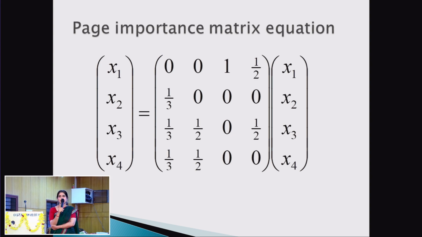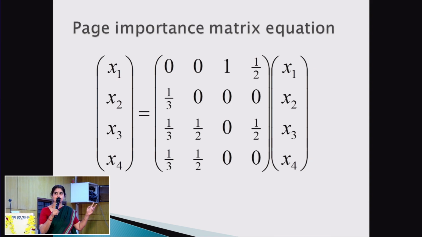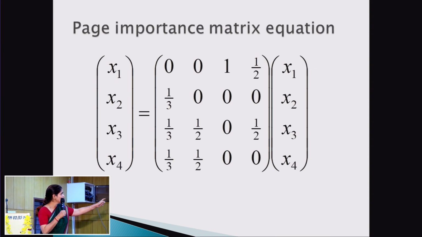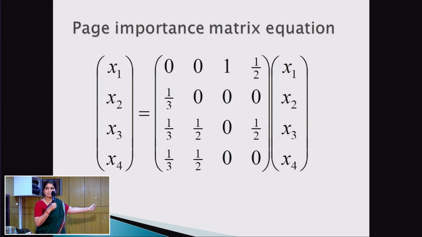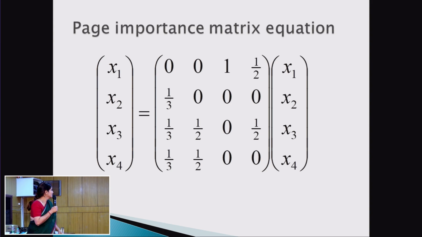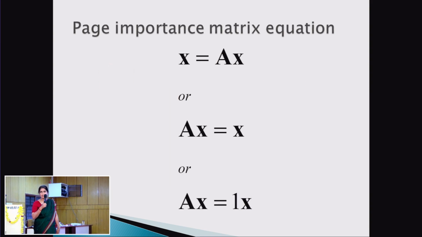Eigenvalue. What would the eigenvalue be? We usually write what is on the right on the left, and what is on the left on the right. So let this matrix be A and let the vector be x. Next slide. What was on the previous slide is x equals Ax.